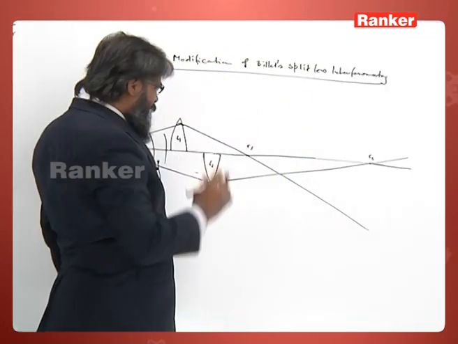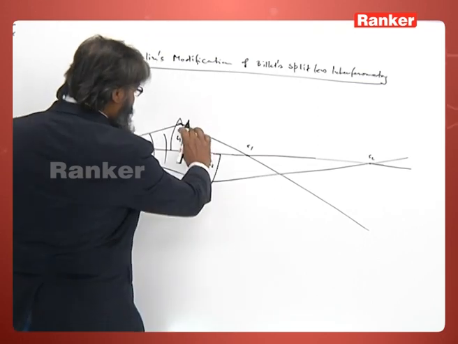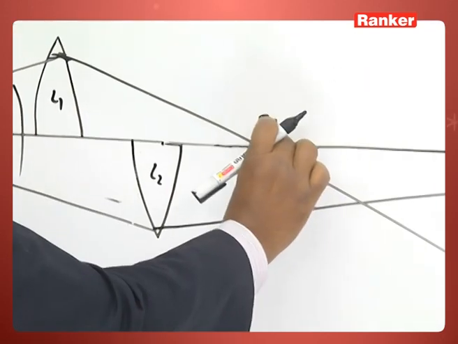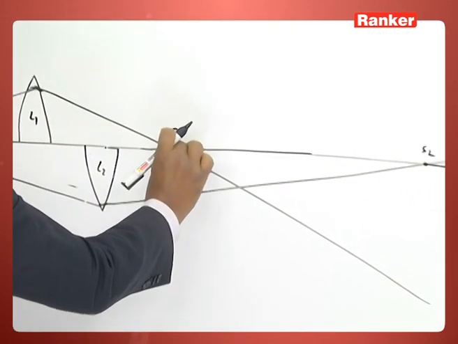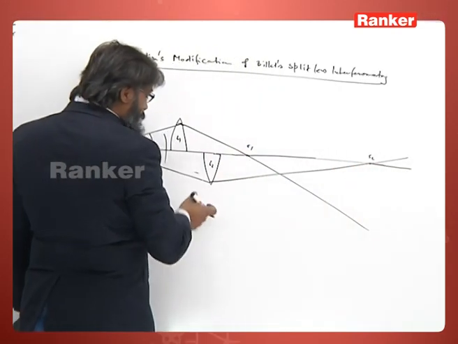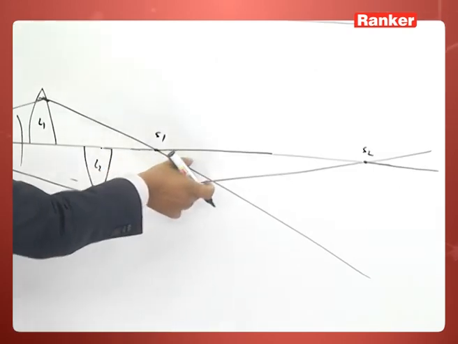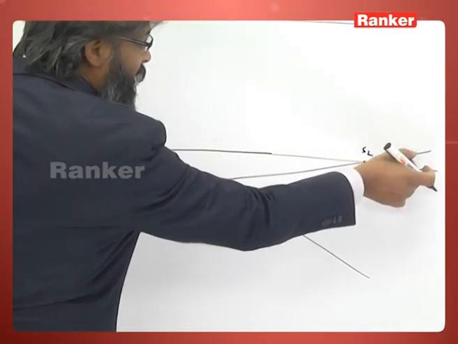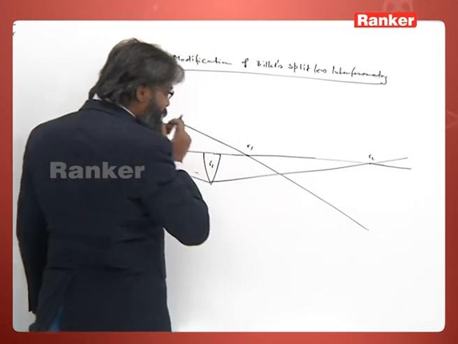So the wavefront from here converges here and then diverges like this, and the wavefront from here converges at S1 and then diverges like this.